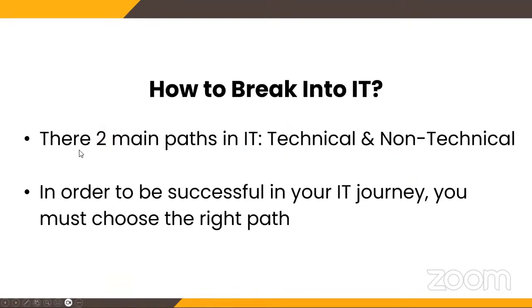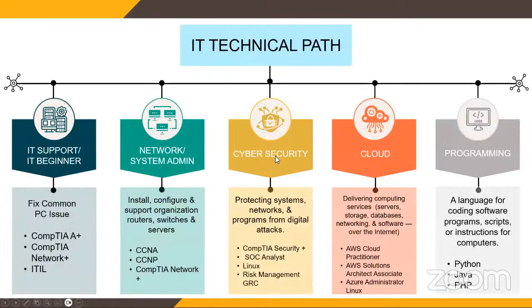Okay, to break into IT, there are two main paths: technical and non-technical. What you are doing is technical. Non-technical would be something like business analyst, but more and more jobs are going toward technical roles.